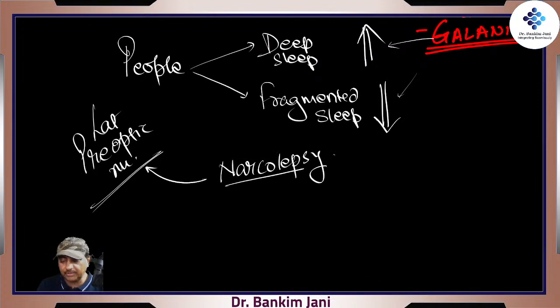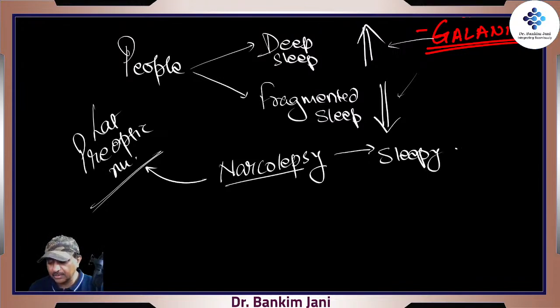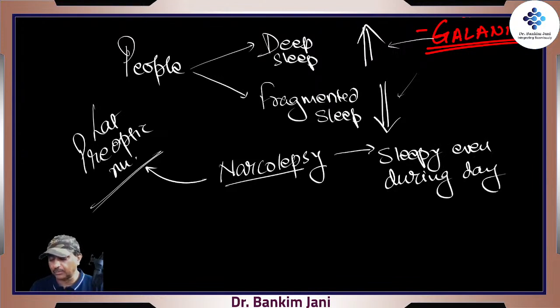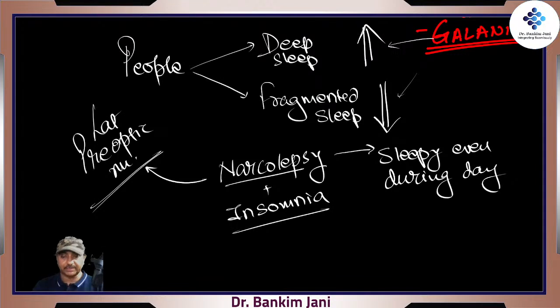Narcolepsy is that even during the day, people feel sleepy. Like if you have studied the whole night and then you are feeling sleepy in the day, that is okay. They feel sleepy even during the day all the time. Or insomnia, when they are unable to sleep at night. These are the two things.